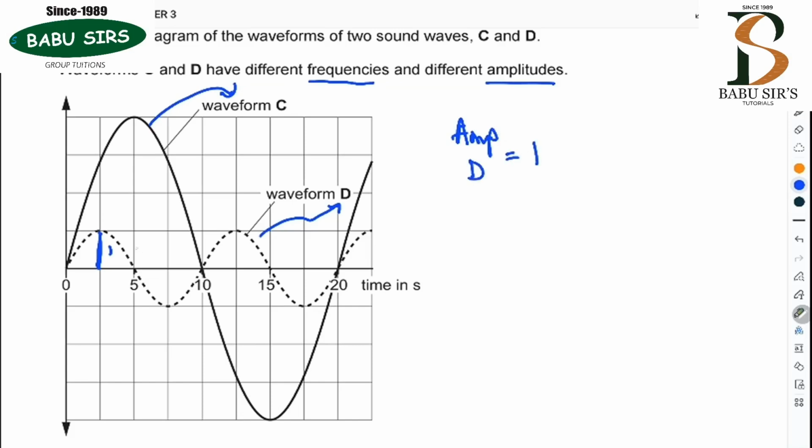So in comparison to that, you can see the amplitude of wave C is 1, 2, 3 and 4. So amplitude of wave C is 4. So C is 4 times D.